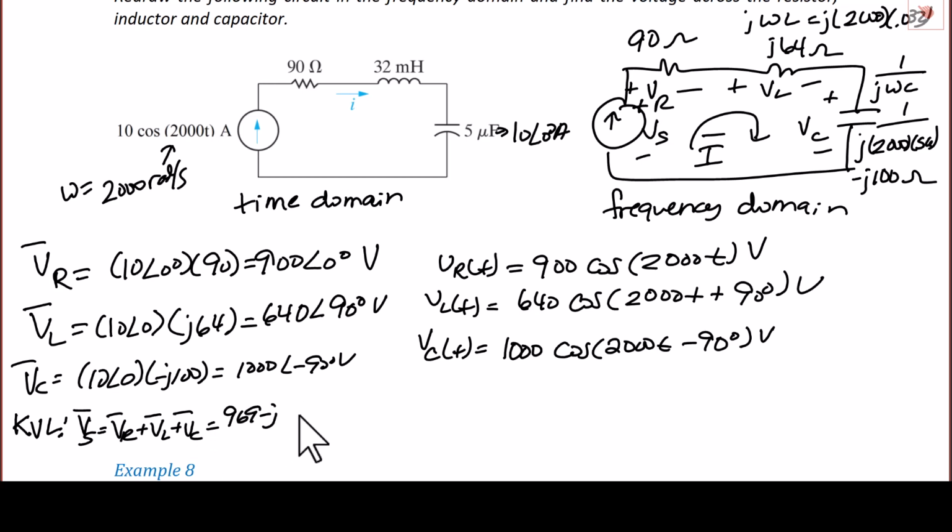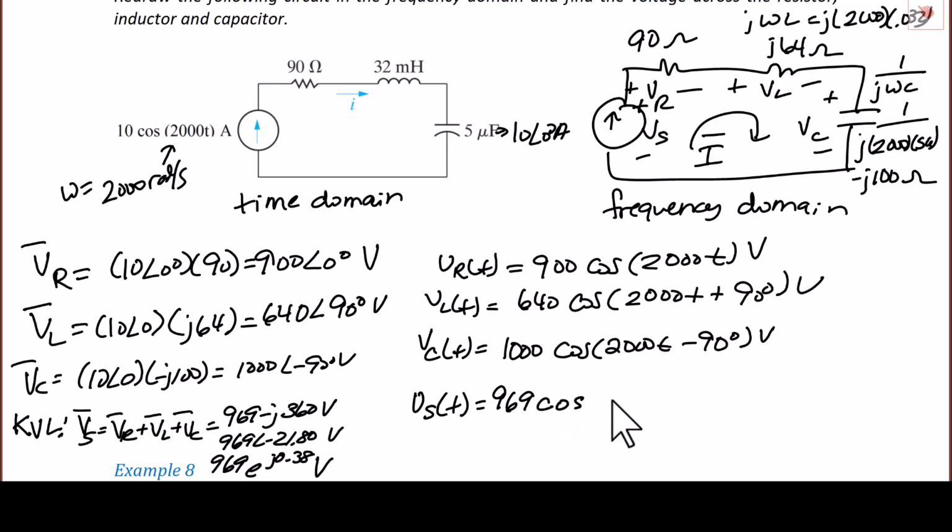Using polar notation, 969 with an angle of negative 21.8 degrees in volts, or in exponential form, 969 e to the j0.38 volts. So in the time domain, we get that VS(t) is equal to 969 cosine 2000t minus 21.8 degrees, and the units are volts.